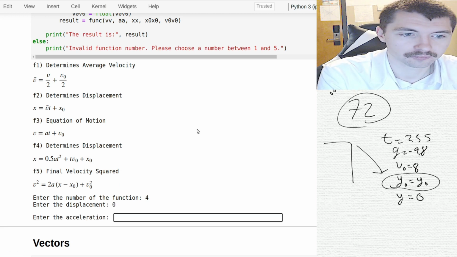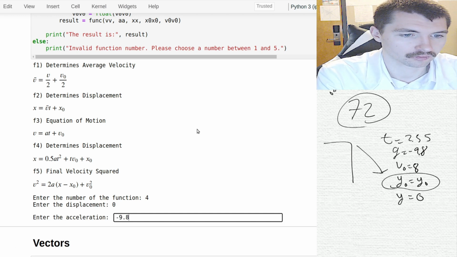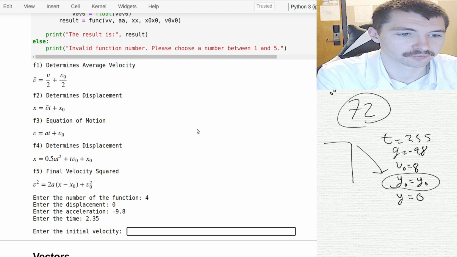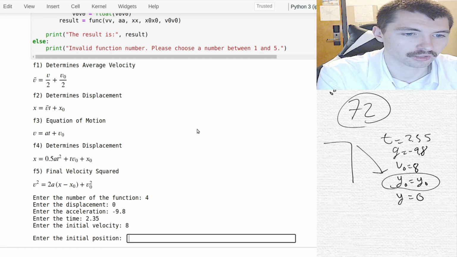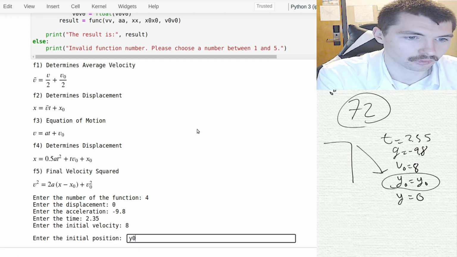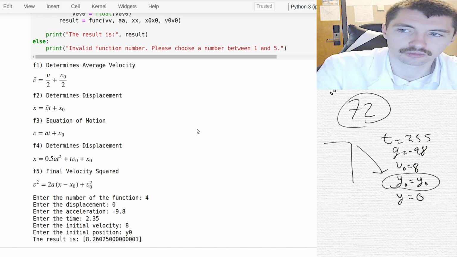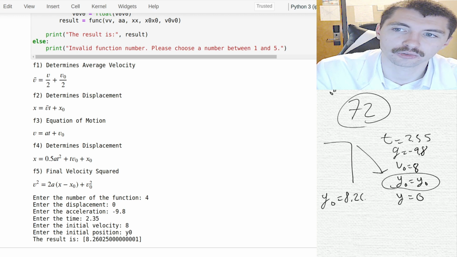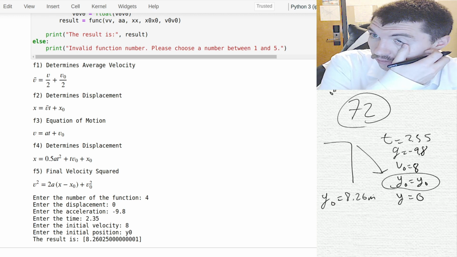Okay, so displacement 0, time 2.358. So I'm getting y naught is 8.26, 8 meters. Okay.